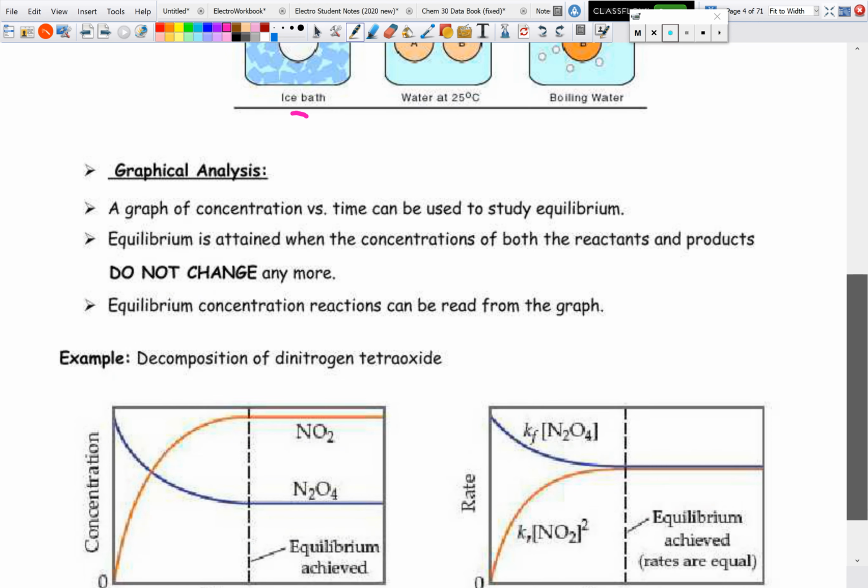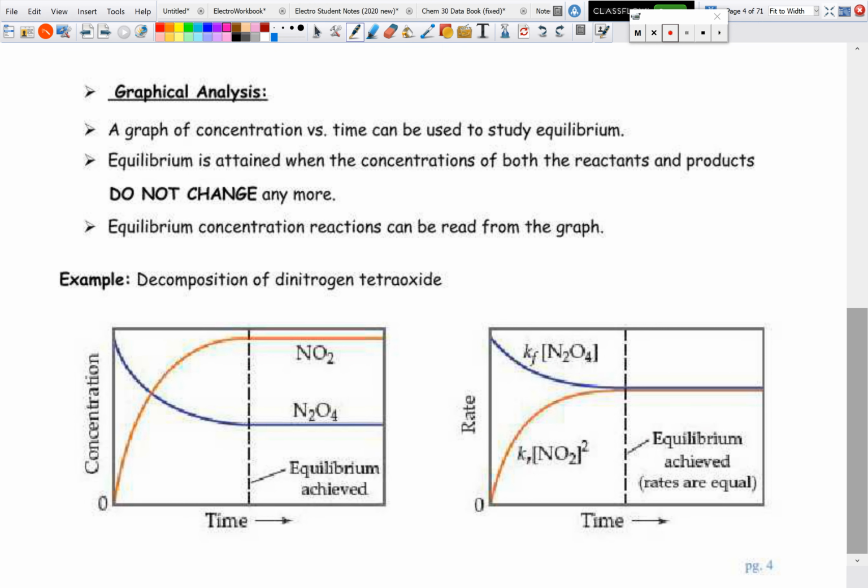Now we can also represent equilibrium in graphical analysis. We can graph concentration versus time to study equilibrium. Equilibrium is attained when the concentrations of both the reactants and the products do not change anymore. So for example, in our first graph right here, concentration versus time, we're following NO2 and N2O4. As it starts heating up, we can tell the concentration of the nitrogen dioxide is increasing, and at some point it levels out and the concentration doesn't change.